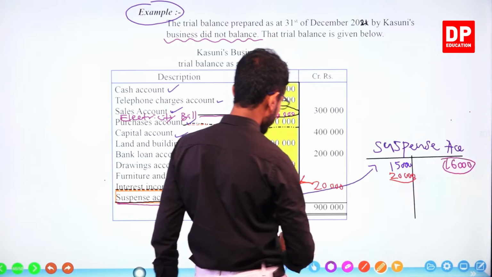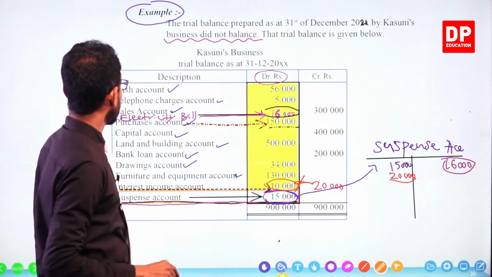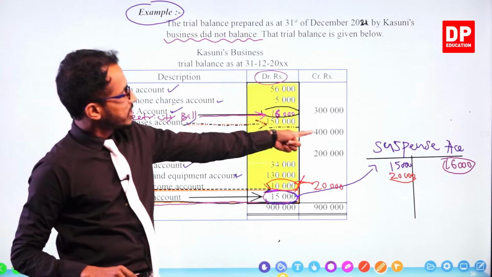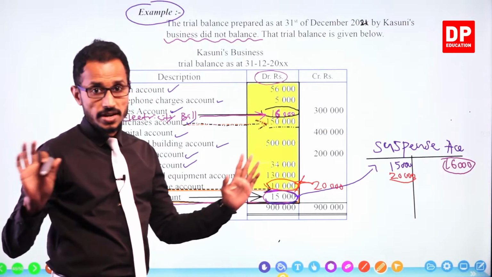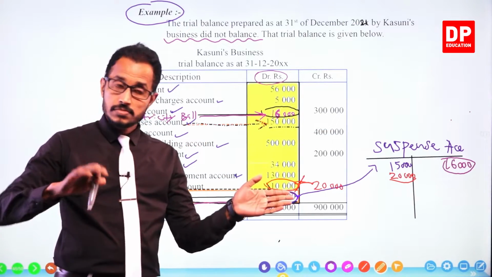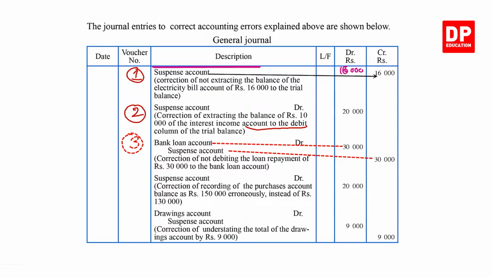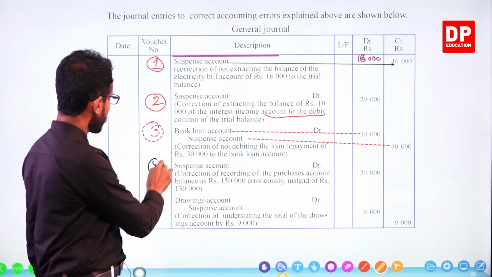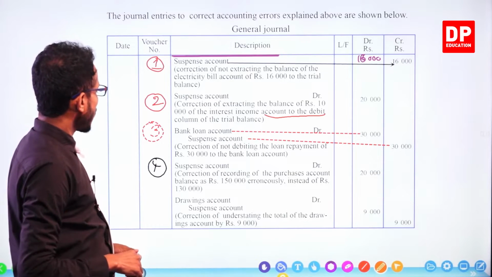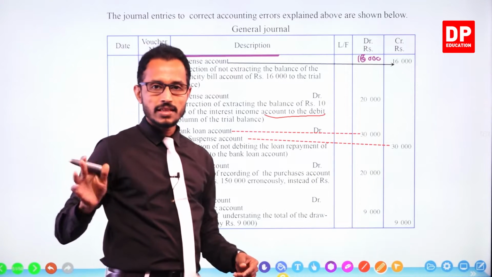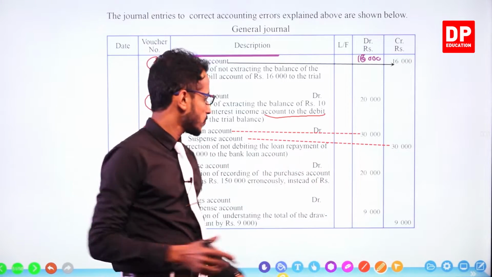Trial balance credit 20,000, but you don't write it. Suspense debit 20,000. You don't write the fourth one. Trial balance credit 20,000. Suspense debit 20,000.